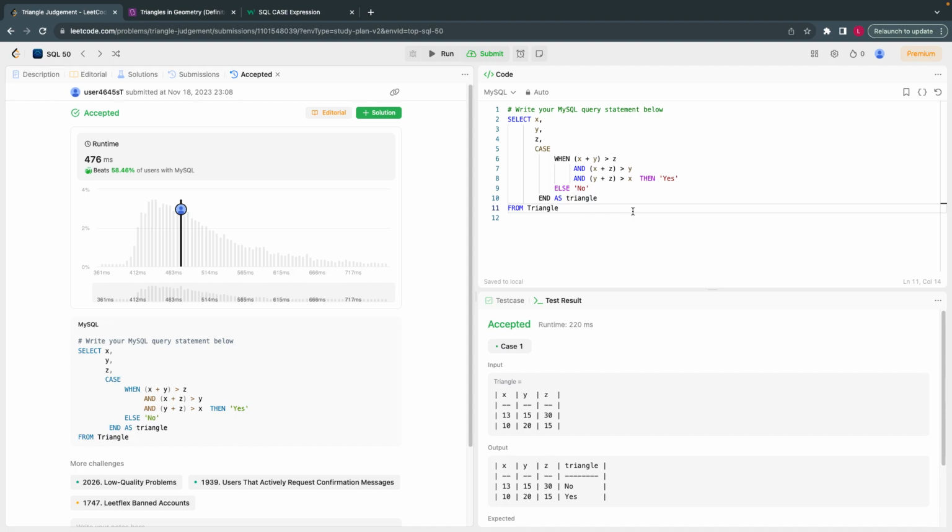That's all, guys. Have a look at more about the case statement, how it works, and also some of the geometrical triangle properties. It is a rare problem to solve, but here you will understand what exactly a case statement is, because you also have to know the properties of a triangle.